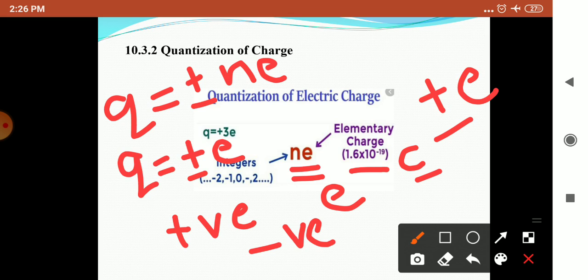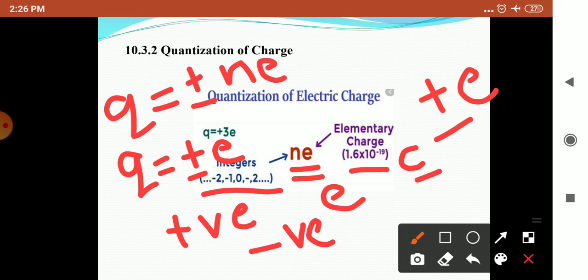where n is an integer, which is showing positive and negative signs. So charge on an object can be increased or decreased in multiples of e. This is because during the charging process an integral number of electrons can be transferred from one body to the other body, and this is called the quantization of charge or discrete nature of charge.